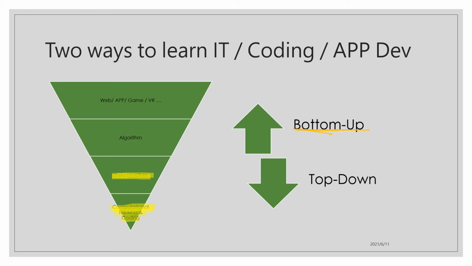After that, you will learn about algorithms, maybe about AI, computer vision, security, blockchain, etc. After that, you are able to build applications: web applications, apps, games, VR, blockchain, Internet of Things, etc. So the bottom-up approach is a traditional approach, and it is good.